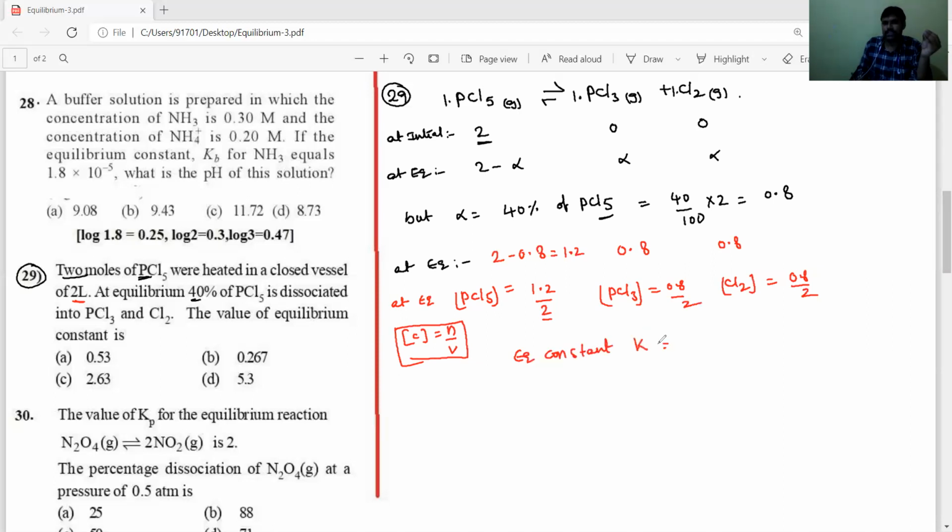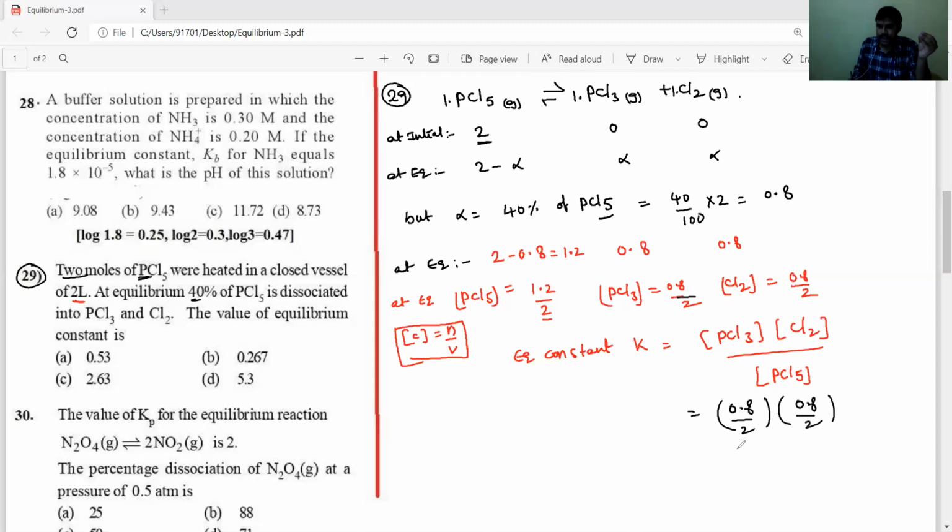The equilibrium constant for the above equation is equal to the concentration of PCl3 into the concentration of Cl2 divided by the concentration of PCl5. Okay students, let's substitute the concentration values, then we'll get the proper answer. The concentration of PCl3, how much did they give, dear students? 0.8 by 2 into 0.8 by 2 divided by 1.2 by 2.